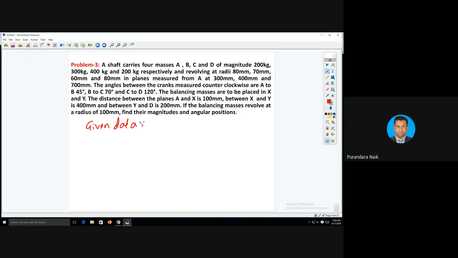That is, MA is equal to 300 kg, and MB is equal to 400 kg, MC is equal to 200 kg, sorry, there is a mistake here.